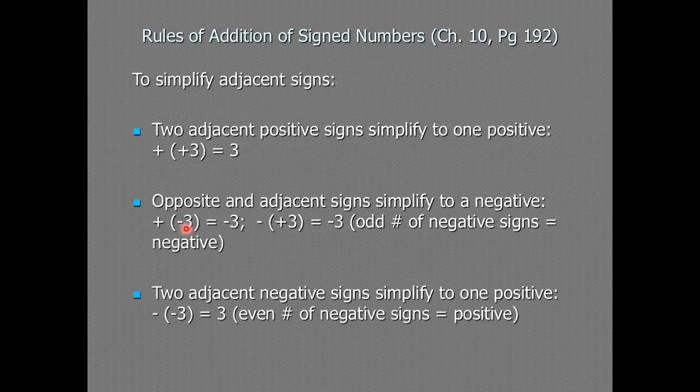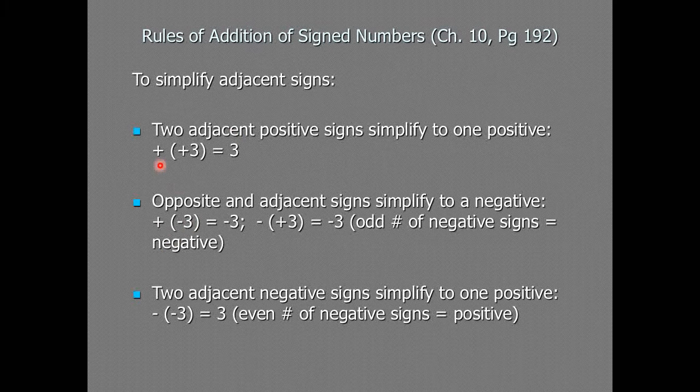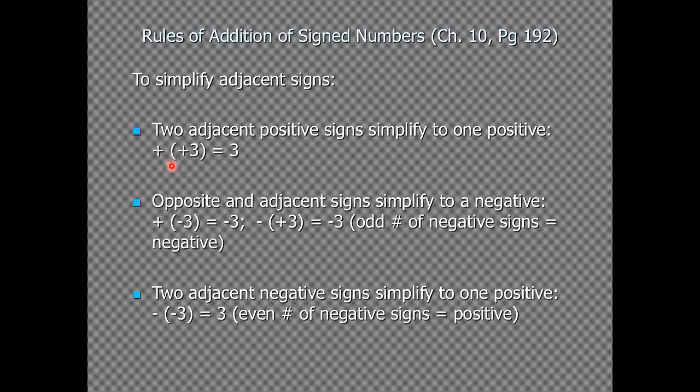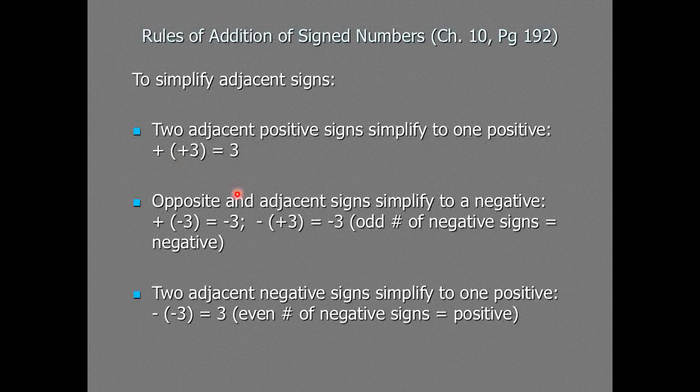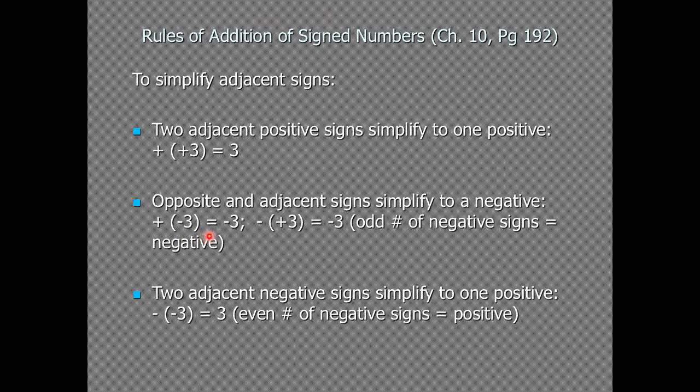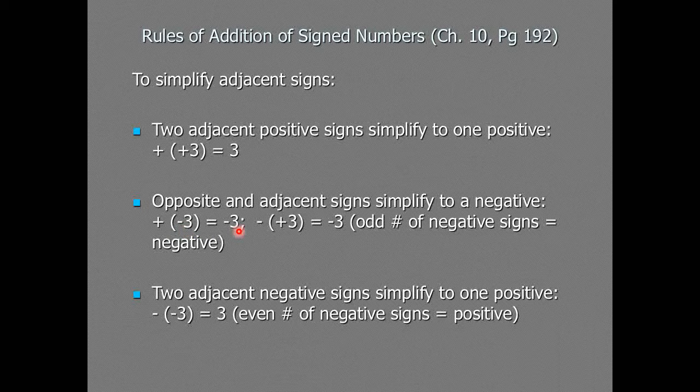Now, to simplify adjacent signs, sometimes we have multiple signs. If we have multiple positive signs, we make it just positive. If we have positive and negative signs, we always make it negative. For example, plus minus 3 is actually negative.